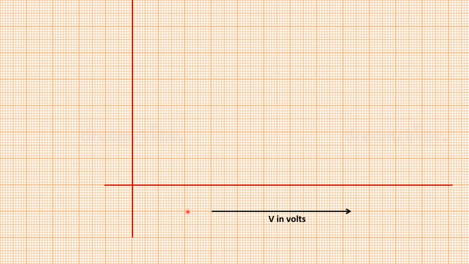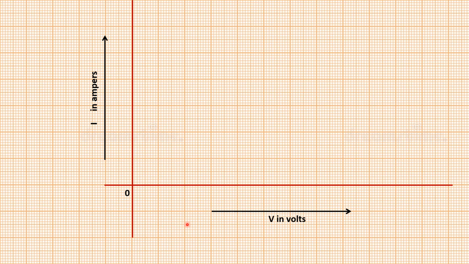See here, this is a graph paper. Here I am drawing one horizontal line, that is the x-axis, and here is the vertical line. This line shows the y-axis. On the x-axis, I am taking voltage in volts. On the y-axis, I am taking I, that is current in amperes.